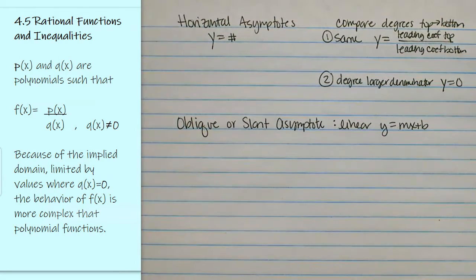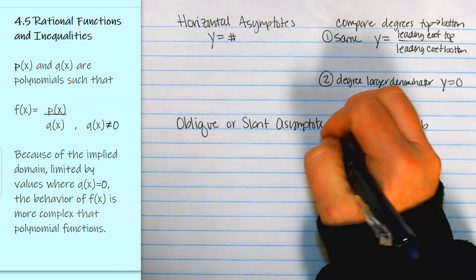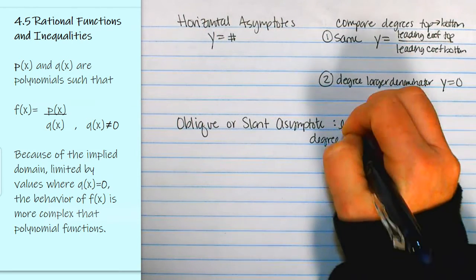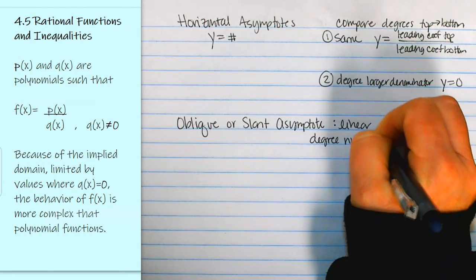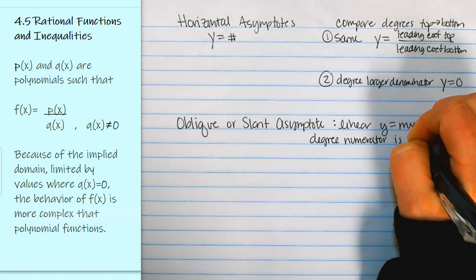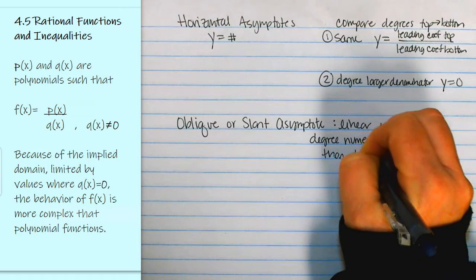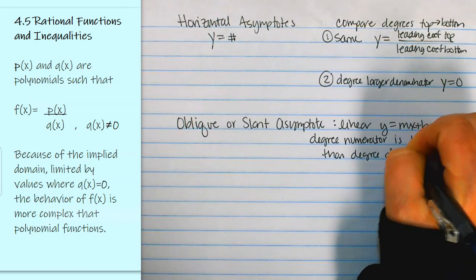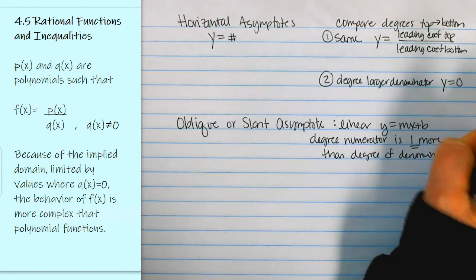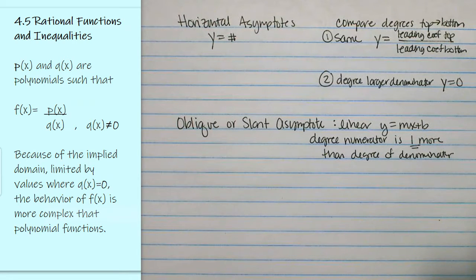So it means that we have some end behavior that maybe goes to infinity on one side and negative on the other, or vice versa. So oblique or slant asymptotes have the characteristic that the degree of the numerator is 1 more, just 1, than the degree of the denominator. So you can see at this point how easy it is to get any of these asymptote rules confused.